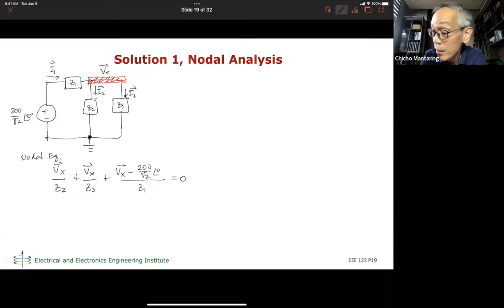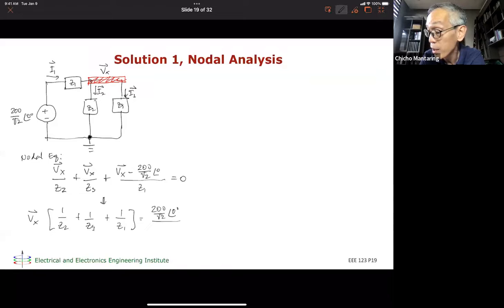Okay, now I can simplify this. This is V of X multiplied by 1 over Z2 plus 1 over Z3 plus 1 over Z1, is equal to 200 over the square root of 2 at an angle 0 degrees over Z1.